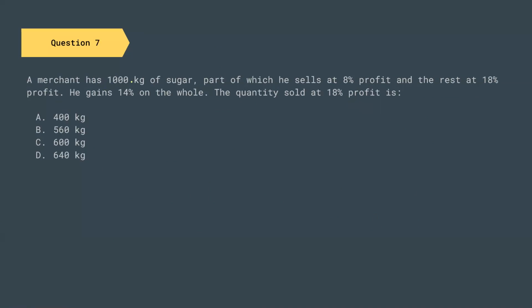A merchant has 1000 kg of sugar, out of which he sells part at 8% profit and the rest at 18% profit. He gains 14% on the whole. The quantity sold at 18% profit is?